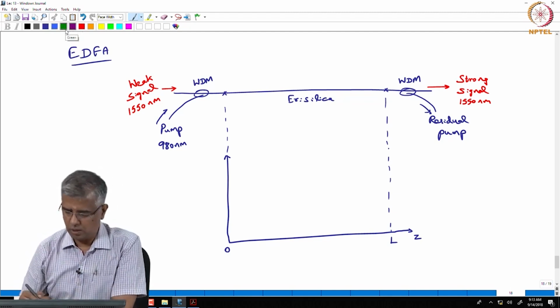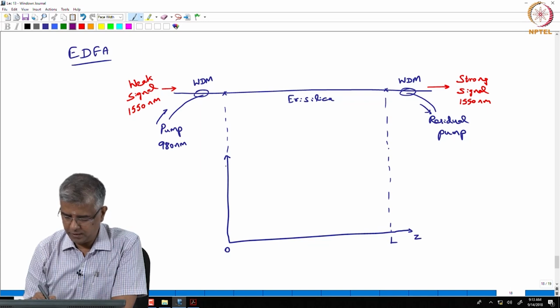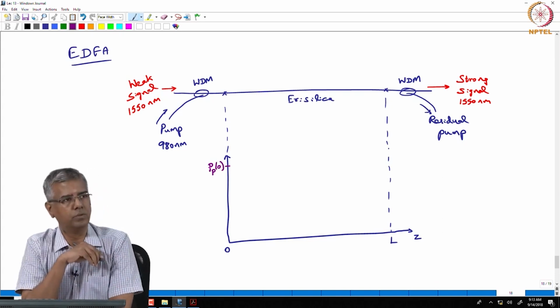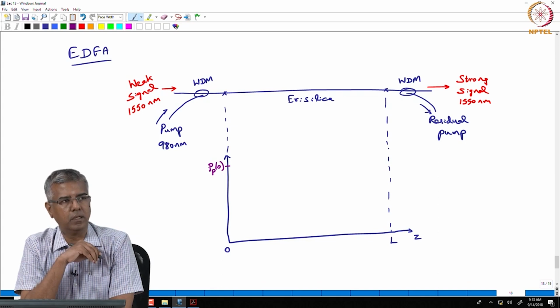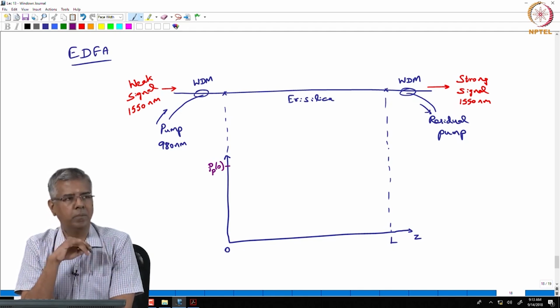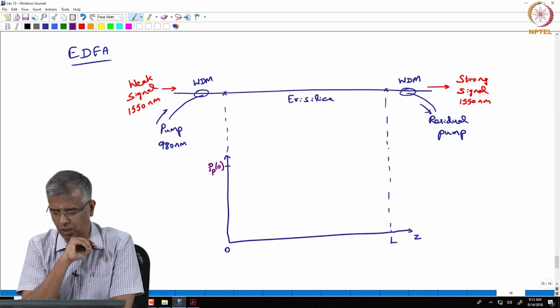So, the pump radiation is launched from this point, let us say Pp of 0 corresponds to the pump power that is launched into the fiber. And within that fiber that pump radiation is getting absorbed.